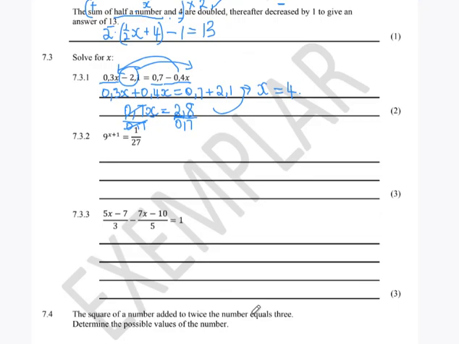And then we have 9 to the power x plus 1 equals 1 over 27. We need to make sure that these have the same base. So you must change this to base 3, because this can also be changed to base 3. So we have 3 squared, to the power x plus 1. And then let's change this now.